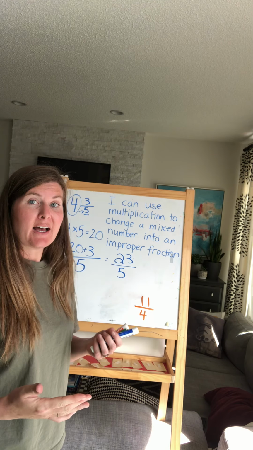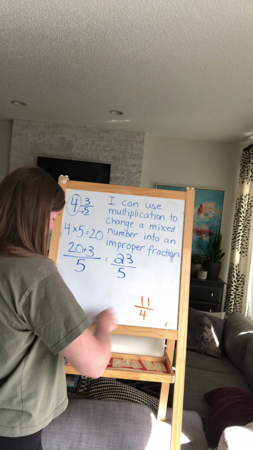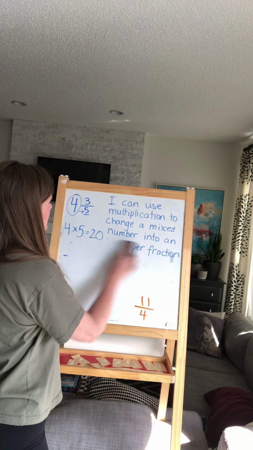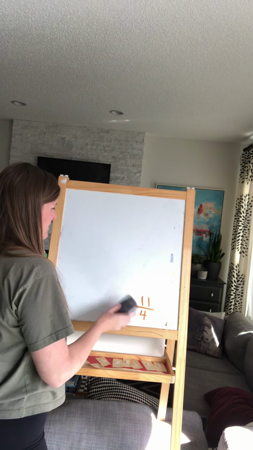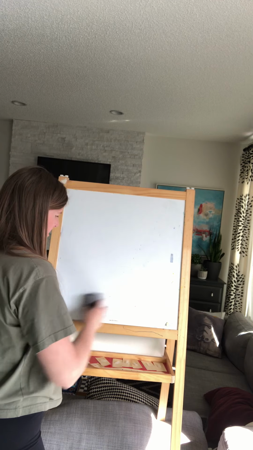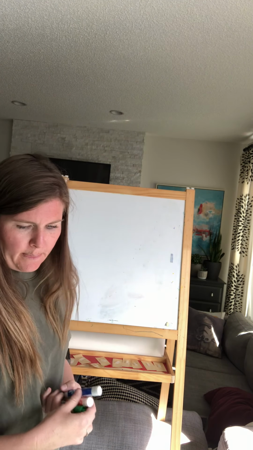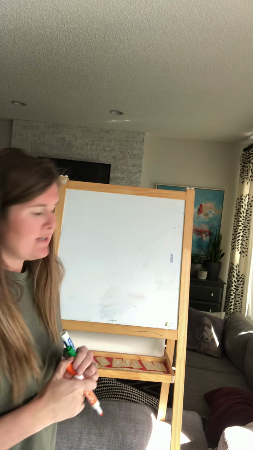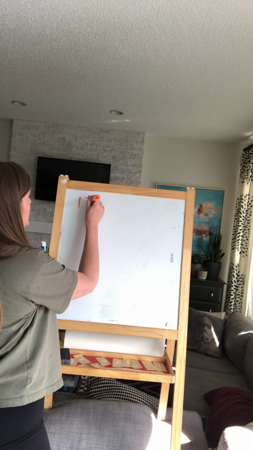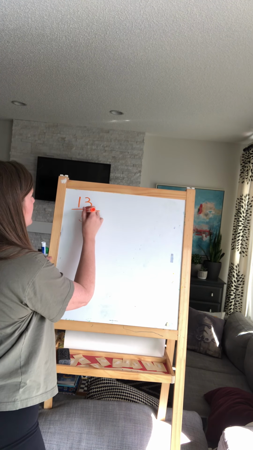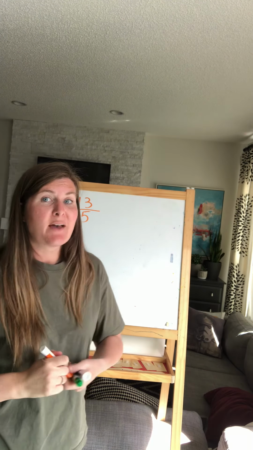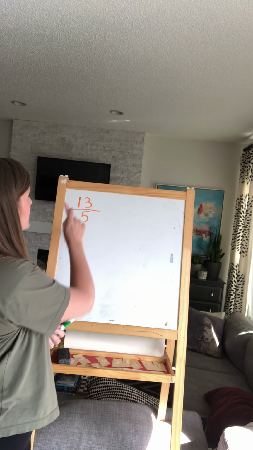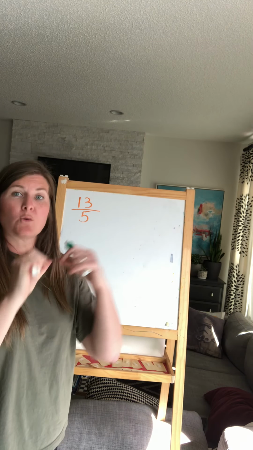Same thing when I'm looking at an improper fraction. So that's just another way of writing the same values. Let's do this one again. If I have, say, for example, 13 over 5, well, now I'm not going to use multiplication to solve that, because I already have my total number of pieces.